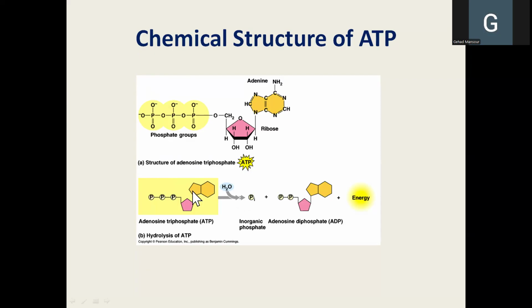When you add water, you break down that bond. So 1 phosphate is released, and the remainder is adenosine, which is adenine and ribose, diphosphate. But by having broken this high energy bond and having released this inorganic phosphate, there is a good deal of energy that is released and that is utilized in contraction of the muscle.